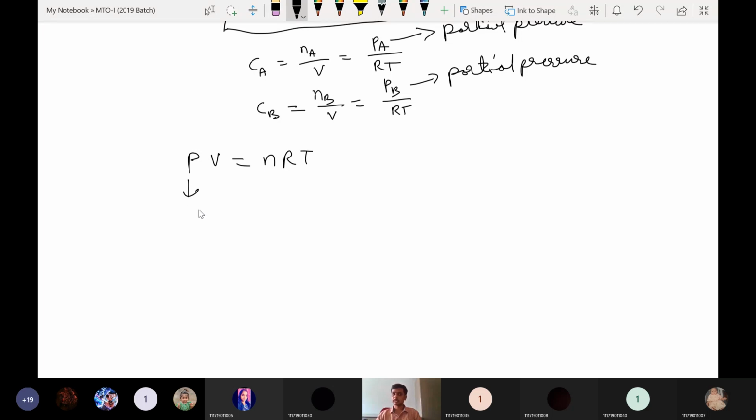The pressure will have some units of atm, Pascal or mmHg. Then volume units will be meter cube or liter, centimeter cube, whatever we want you can write. Many units you can write.